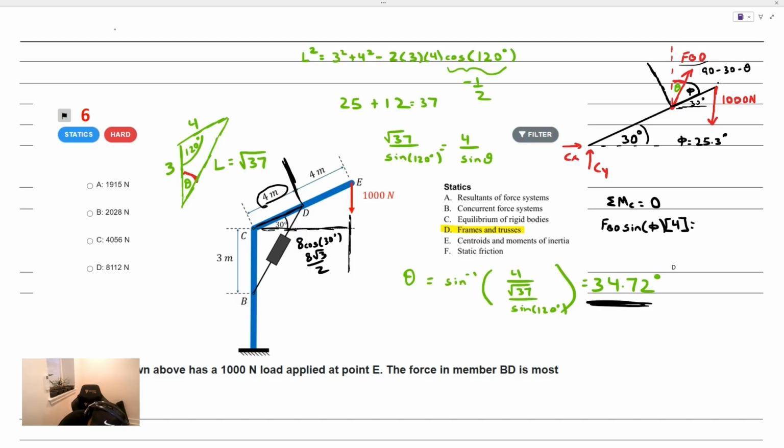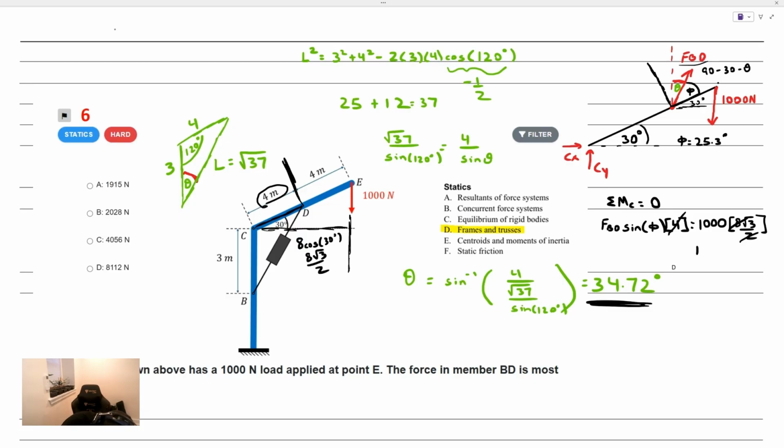Okay, so that FBD perpendicular component must be producing a moment that balances the 1,000 Newton force placed at a perpendicular distance of 8 root 3 over 2. You can see the 4 times 2 is 8, which is going to cancel with this.